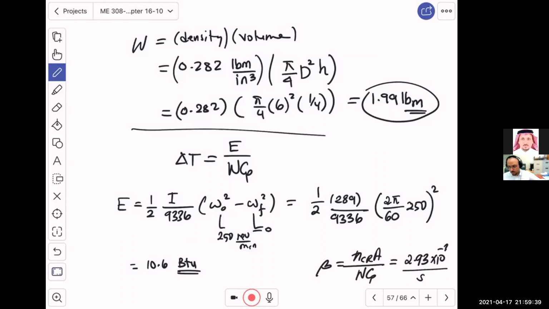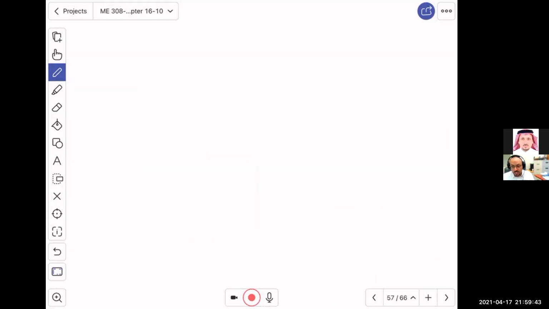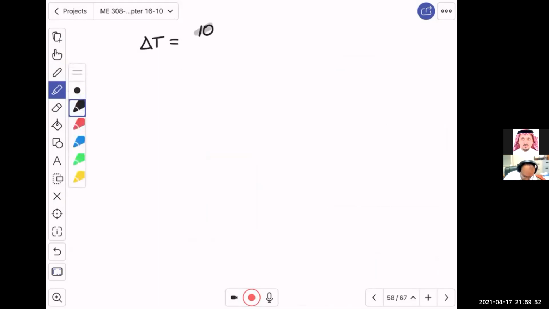So its unit is per second. Now, we got almost everything. So we will go to delta T, and we will say that delta T now is equal to E divided by WCP.